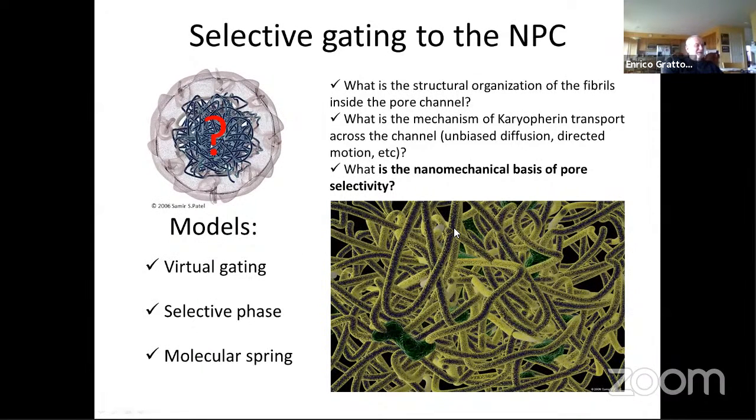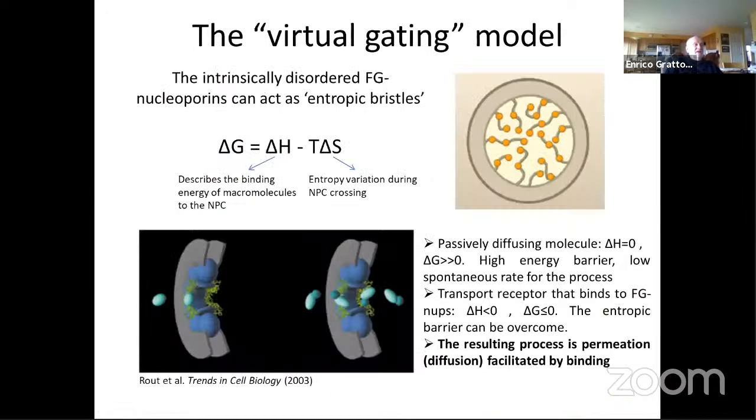So what is the basis of this selectivity? How can it distinguish that an NLS is necessary to go to one side or not? There is a free energy, part binding and part entropic, and a molecule can reorganize the structure. But after reorganizing the structure, no matter what is done, it has to diffuse from one part to the other. And this is the point.